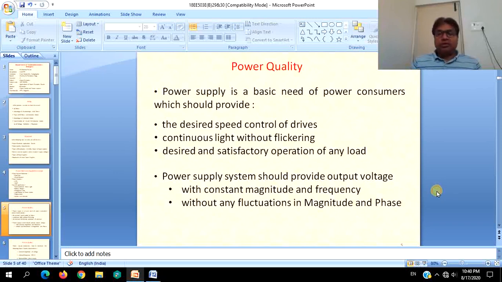So these are the aspects of power quality which we have to understand and keep in mind.